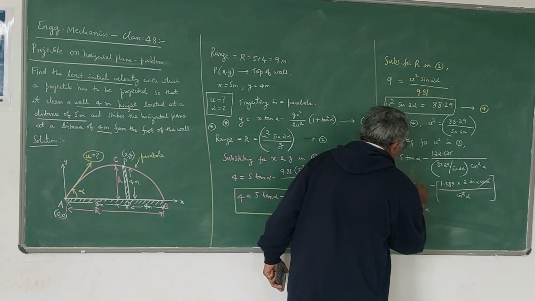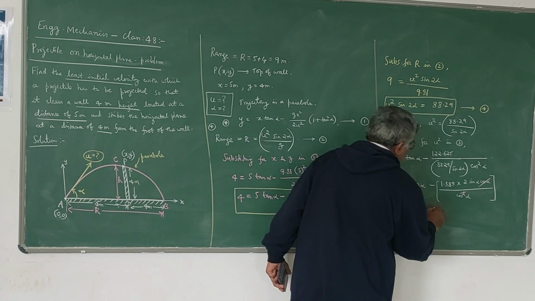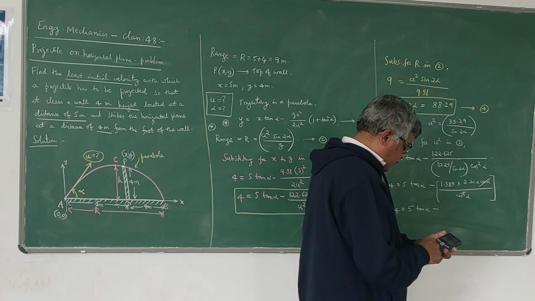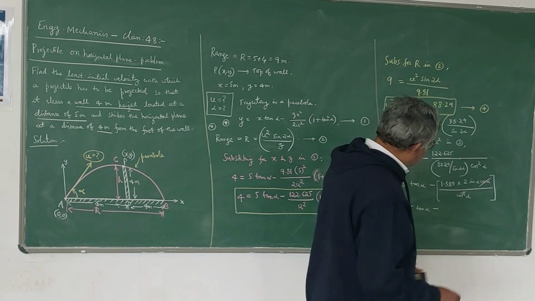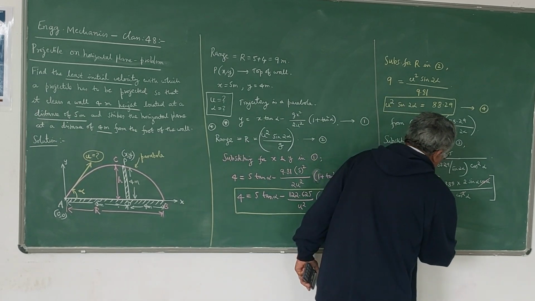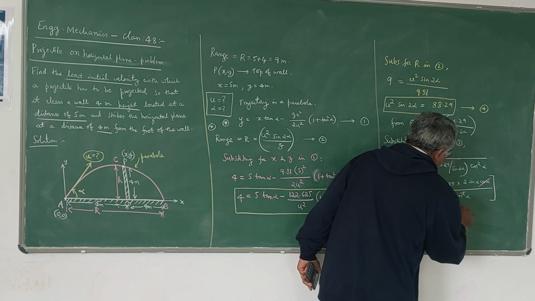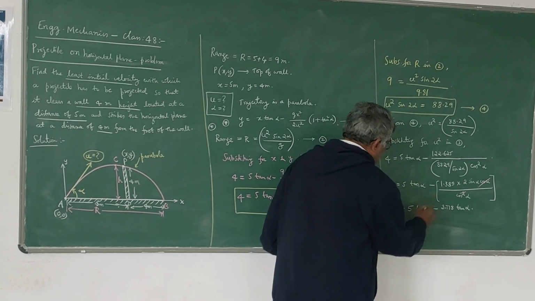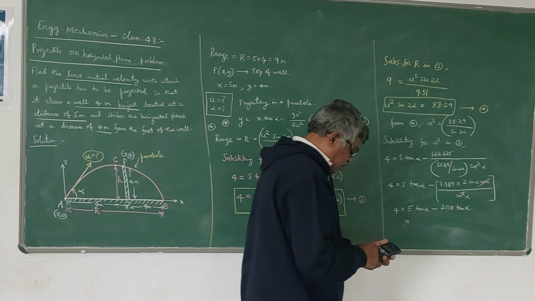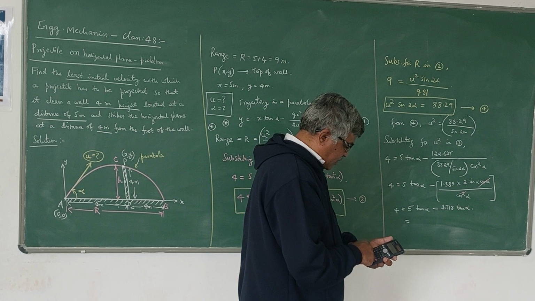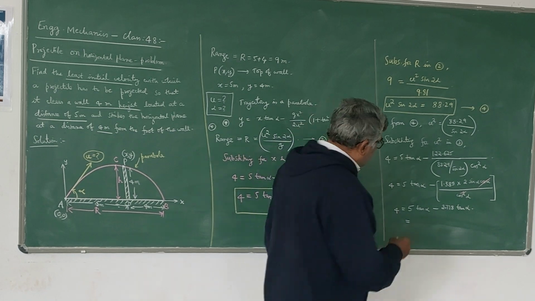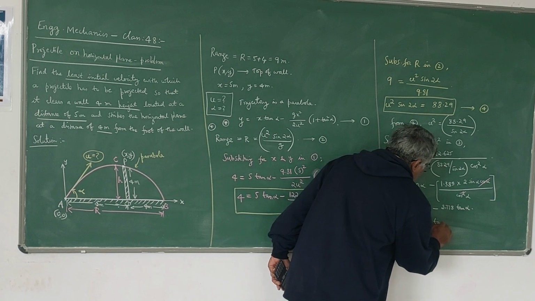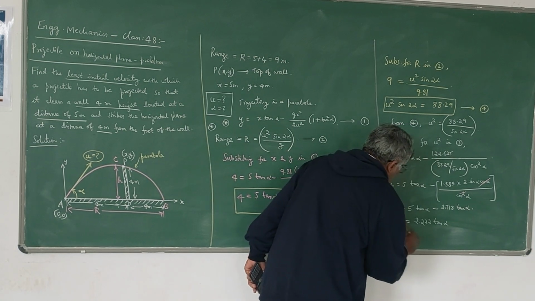So 5 tan alpha minus 1.389 into 2 comes out to be 2.778 tan alpha, because sin alpha by cos alpha will be tan alpha. So 5 minus 2.778 is 2.222 tan alpha. So 4 is equal to 2.222 tan alpha.